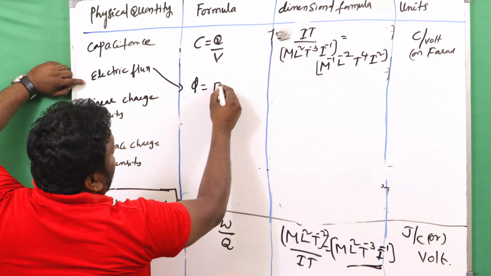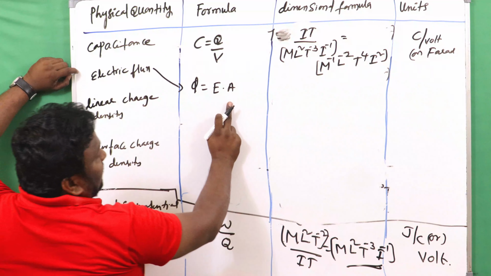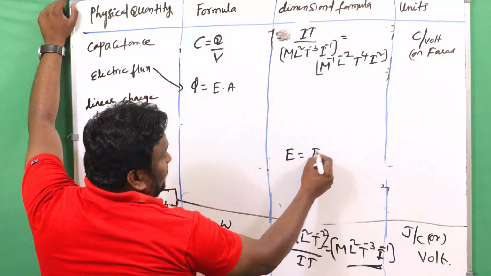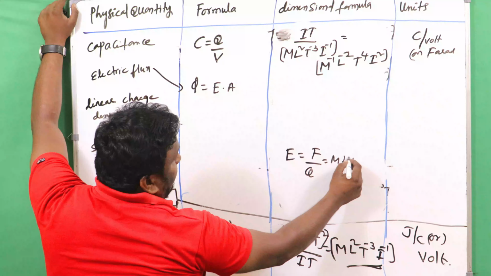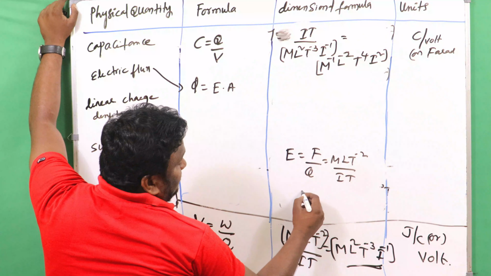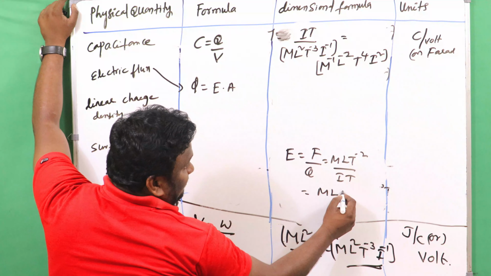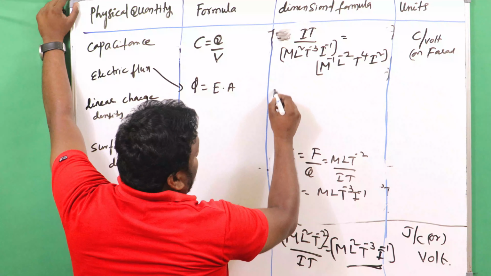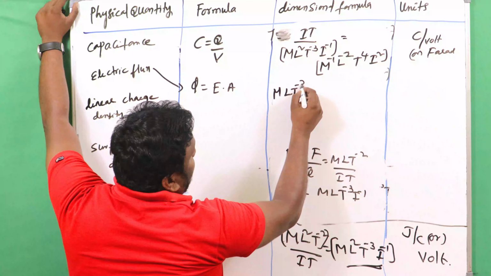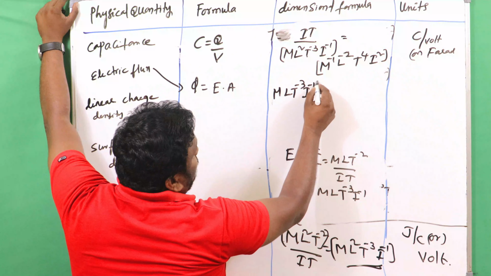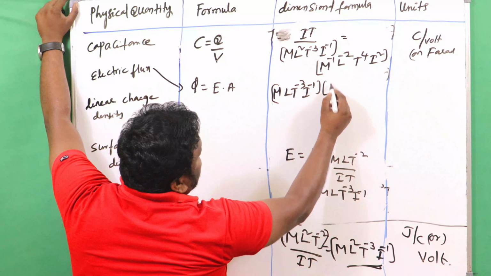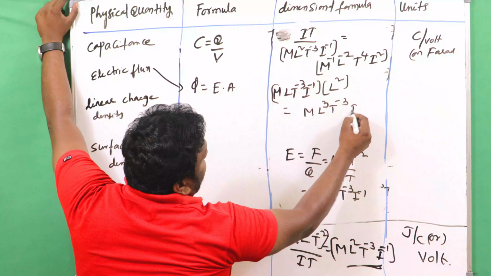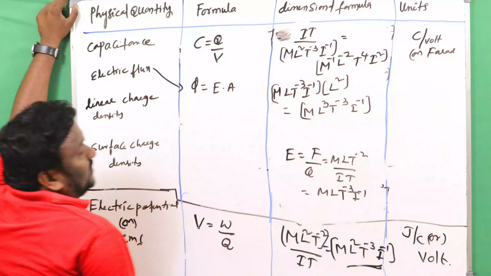Next, electric flux. Phi is equal to E dot A, phi is equal to E into A. What is E here? Electric field intensity. Already we discussed it is F by Q, which is MLT⁻² by IT, giving MLT⁻³ I⁻¹. Multiplying by area L², we get ML³ T⁻³ I⁻¹.